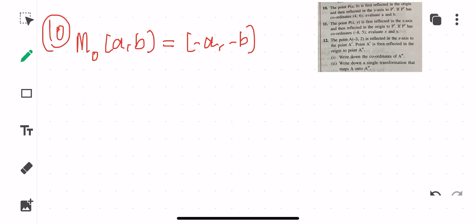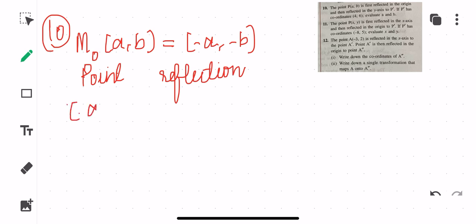Then further, you will see what next has to be done. It says origin and then reflected in the y-axis. So if the point (-a, -b) is reflected along the y-axis, the y-coordinate will remain the same, so the reflection of this point will be (a, -b).